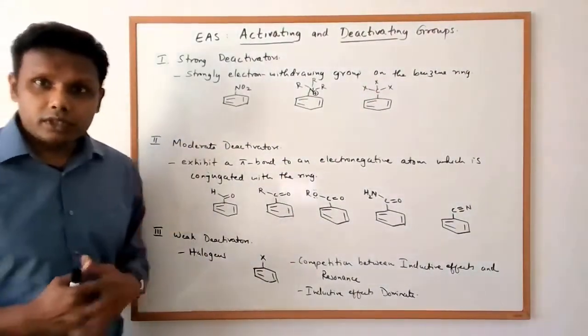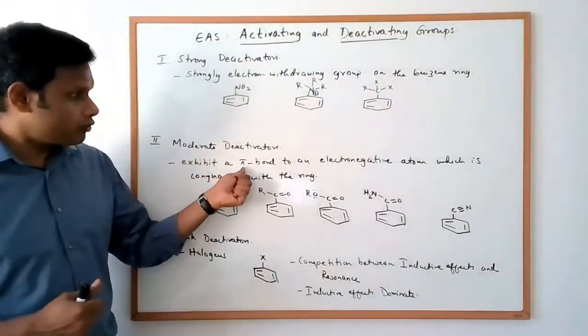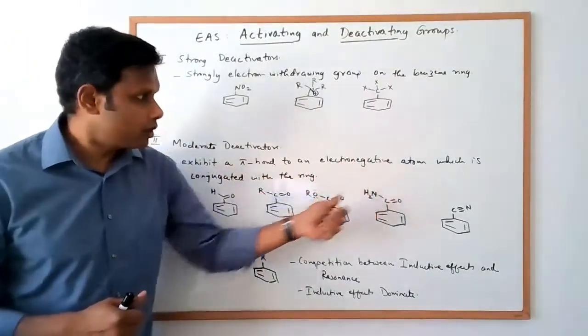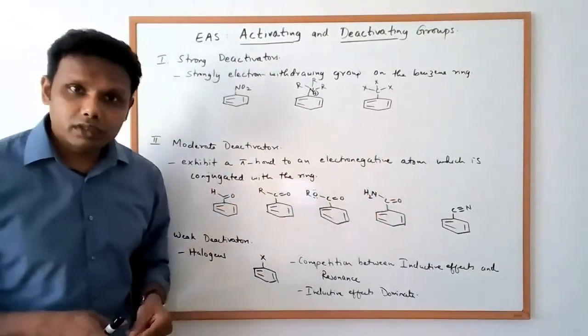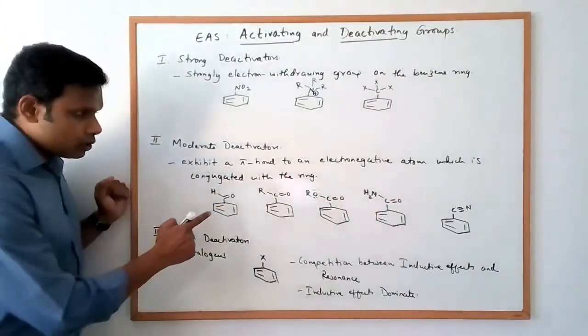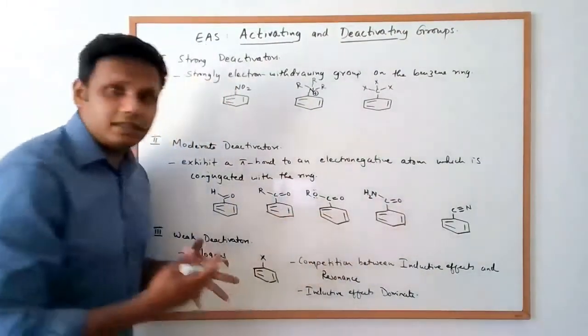Moderate deactivators, on the other hand, are characterized by the presence of a pi bond to an electronegative atom, which is conjugated with the ring. It is a mouthful, but essentially what you're looking for is carbonyl or acyl derivatives.